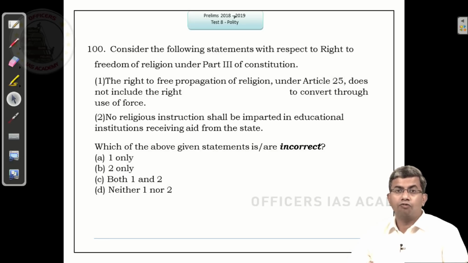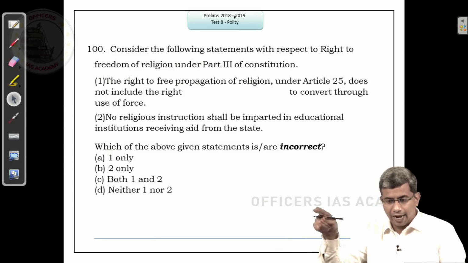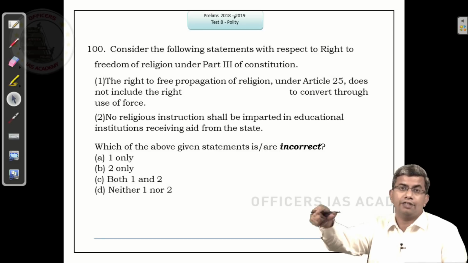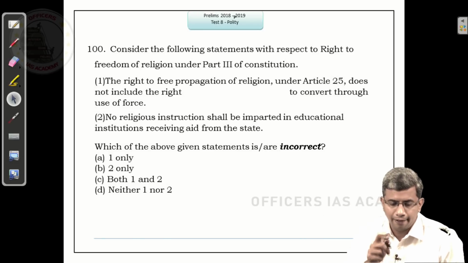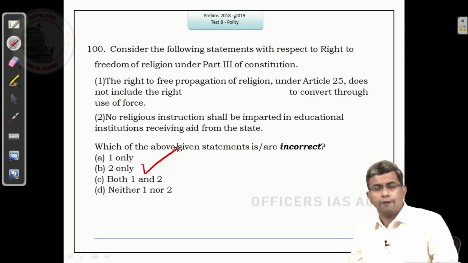In educational institutions which are fully run by the state, there can be no religious instruction. For educational institutions which are aided out of state funds or just recognized by the state, there can be religious instruction, but nobody can be compelled to attend it unless they have given their consent. So, the second statement is incorrect. So, the correct answer is B, 2 only.